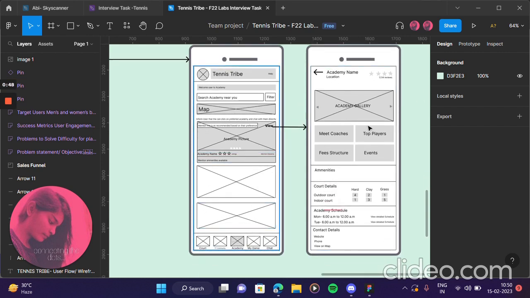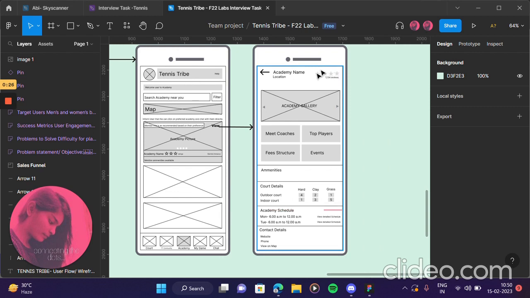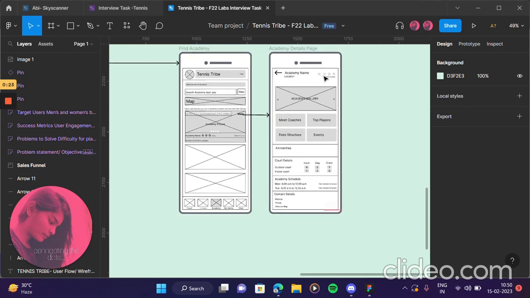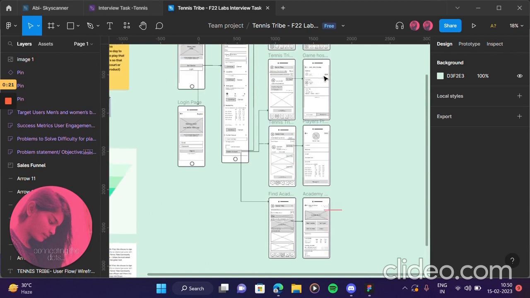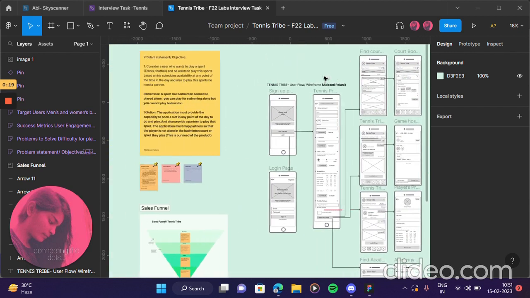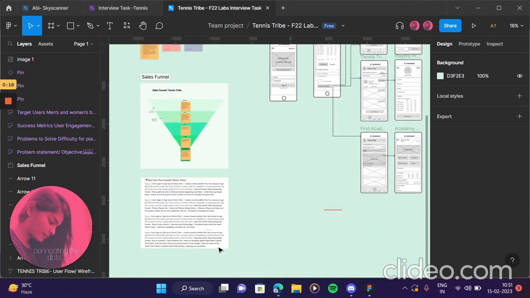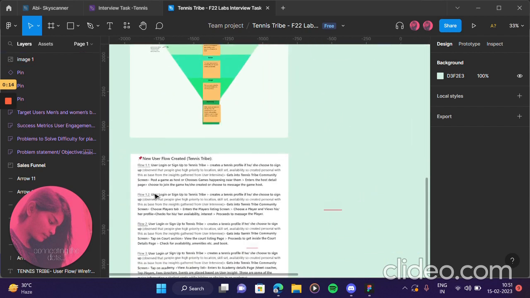So maybe we can collaborate with the academies nearby and give them space in the feed, so that people can find academies, meet the coaches and top players, see the fee structure and the events happening there. If they like, they can join that academy. Here they can see the previews and things. So these are the four flows I came up with, and I mentioned them here for you to understand the flow.